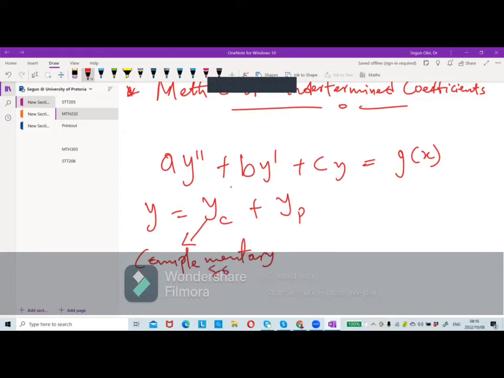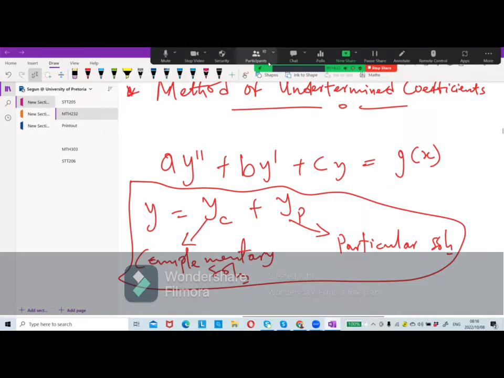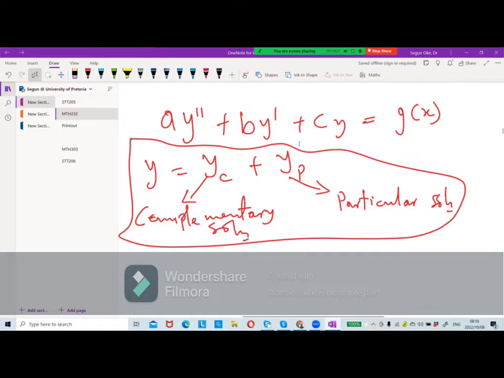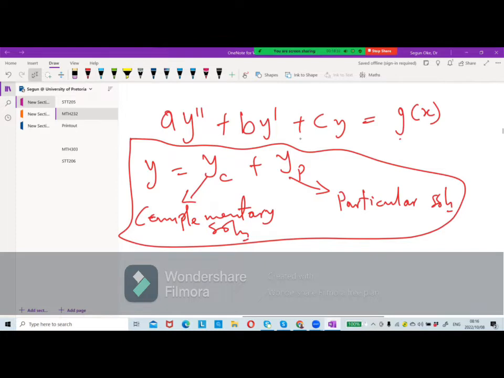Some say complementary solution or function, while some also say yp is the particular solution or function. By the time you add the two together, it becomes the general solution of this form. I will just give us the summary, but there are some things that are always difficult at this point. How do we identify the g of x?